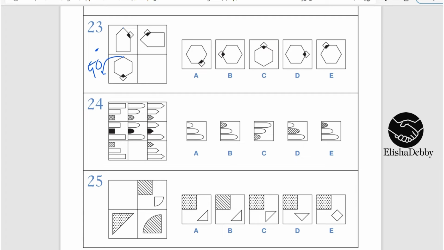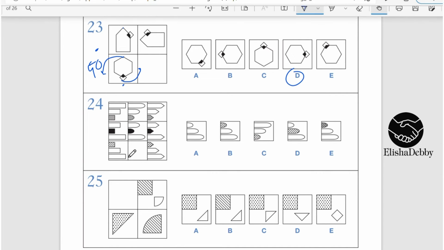So this will be here and this will be there. I expect this shaded bit to come up there, and that points there. Okay, yeah, it can only be this. D is the answer.